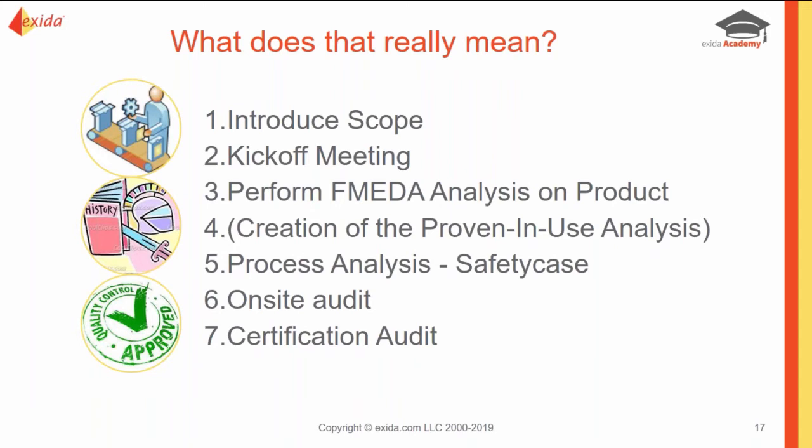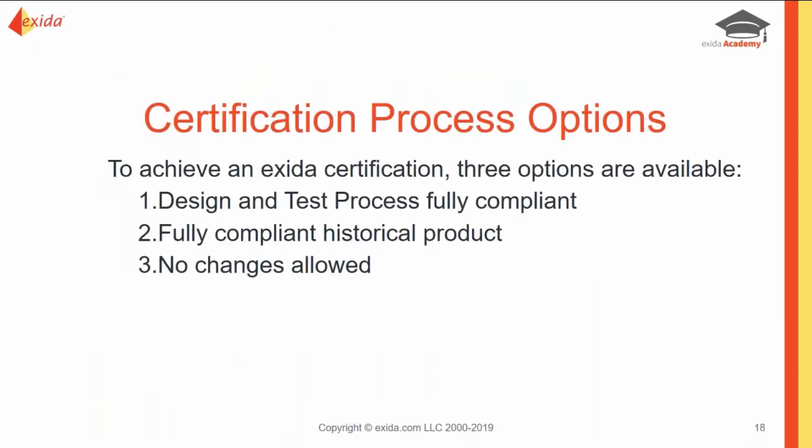So how do you do this? What are the different options? Well, there are 3 main options to achieving certification here at Exida. The first one is a design and test process is fully compliant. That means we go through everything.